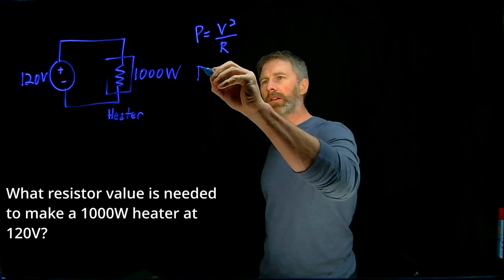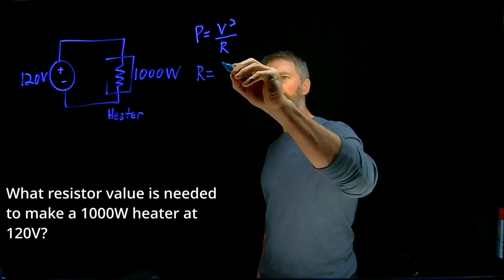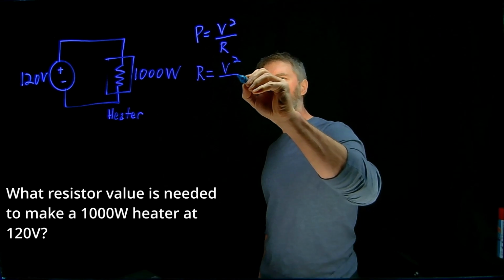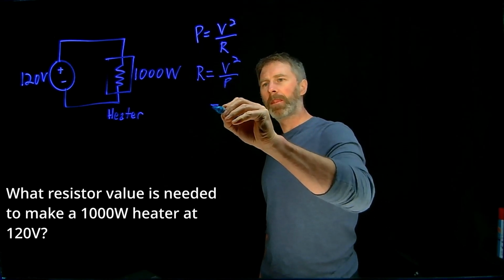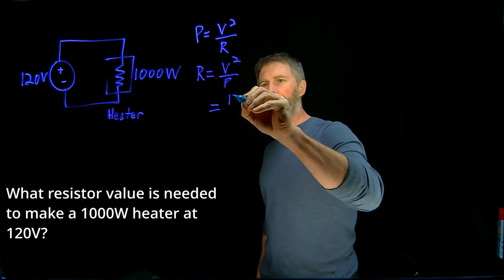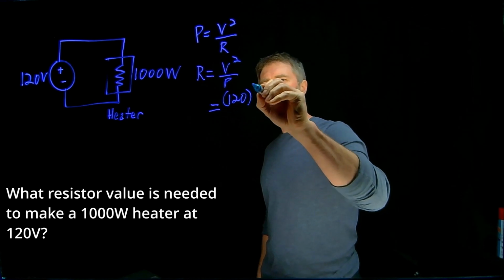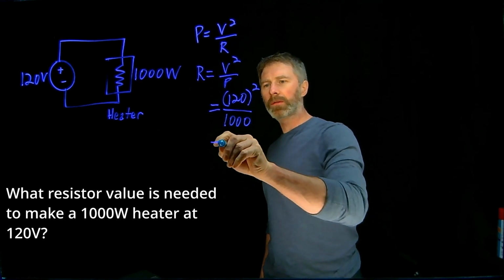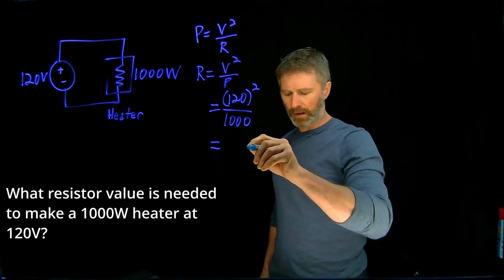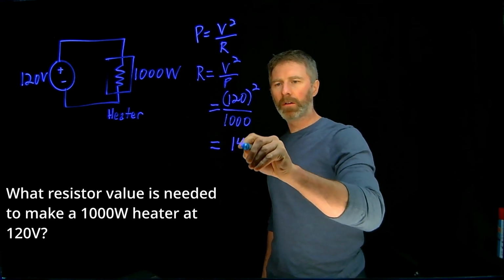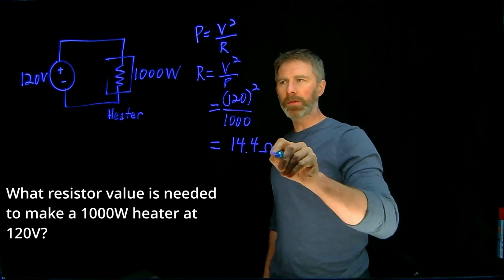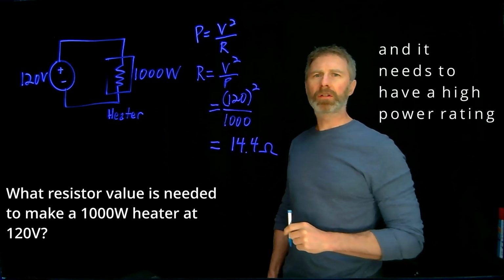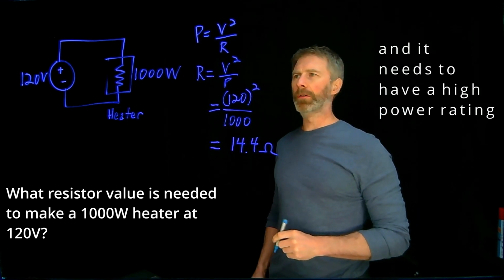So let's rearrange that equation for resistance. And we get resistance is voltage squared over power. So this will be 120 squared over 1,000 watts. And that works out to 14.4 ohms. So we'll need a 14.4 ohm resistor there to give us the 1,000 watt heater.